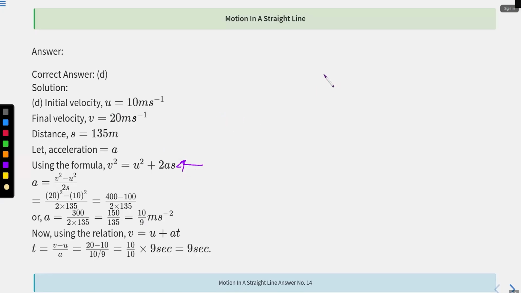Initial velocity is 10 meter per second, final velocity is 20 meter per second, and S is equal to 135 meter. So we have S, we have U, we have V. Now just think of an equation of motion which consists of V, S, and U. That is V square is equal to U square plus 2AS.